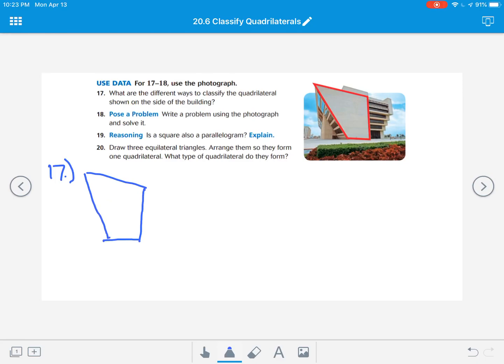Okay, so looking at this figure, I notice that it has 4 sides, so it's a quadrilateral. So we can label it first as a quadrilateral. Then let's see what else.